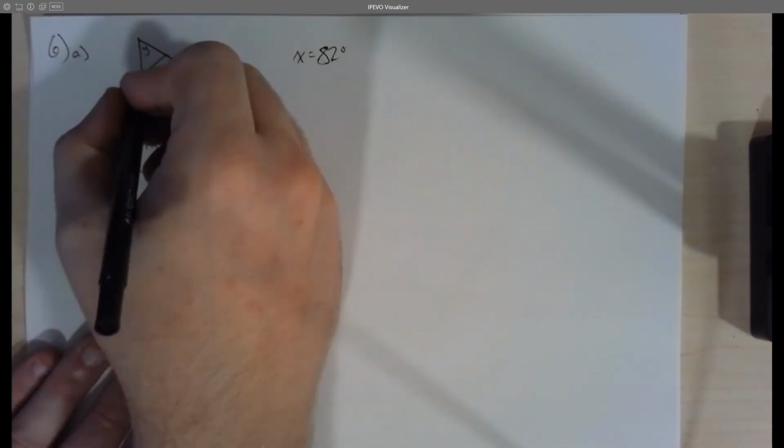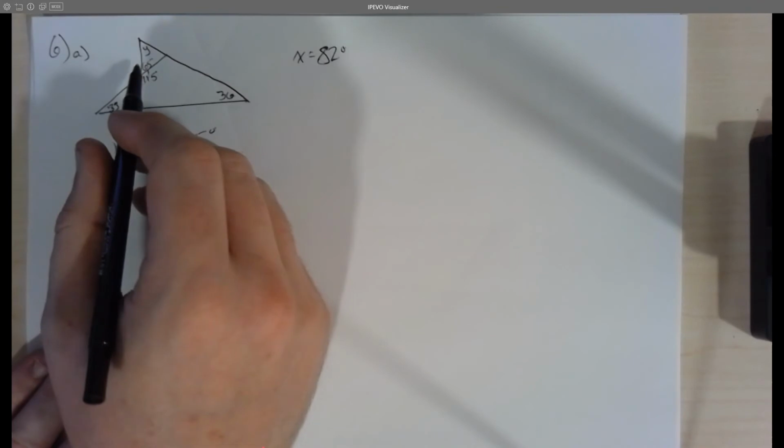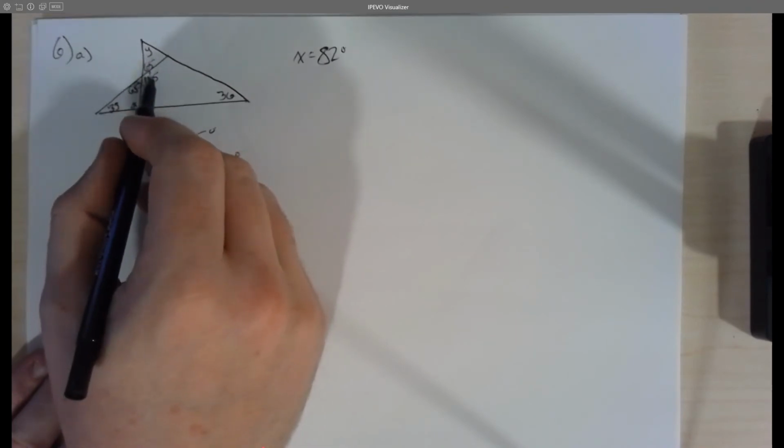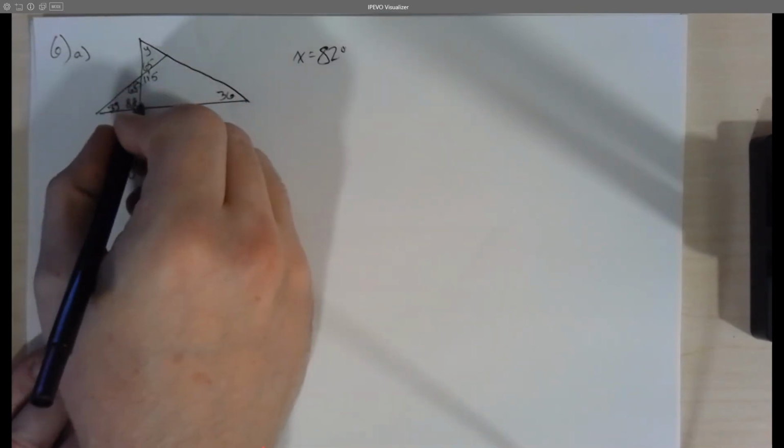Now to figure out y, let's go a little further. If this is 115, then this is also 65. If x is 82, then this side here is going to be 180 minus 82, which is going to be 98 degrees.